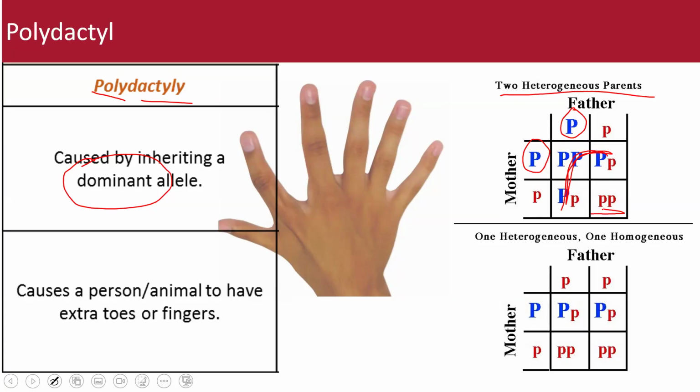And they'll probably get ostracized and adopted because they've only got 5 fingers on each hand. If you've got 1 heterozygous and 1 homozygous, so dad doesn't have 6 fingers, but mum does, it's then a 50% chance that they're going to have 6 fingers. But I'll just repeat it again. The key to polydactyly is the fact that it is dominant, because it's unusual.